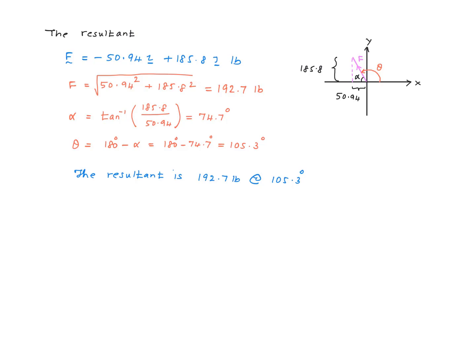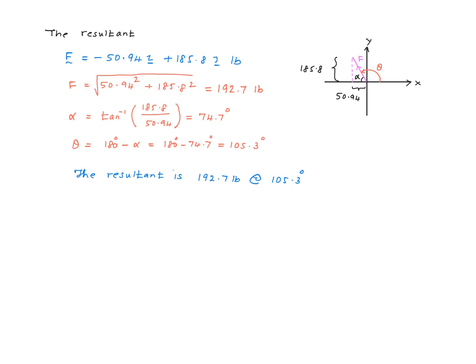Using the Pythagorean theorem, the magnitude of F, which is the length of the hypotenuse of this little triangle, equals the square root of 50.94 squared plus 185.8 squared. So we get a value of 192.7, and of course put the unit of the force at this point. The unit is pounds, right? And therefore the resultant is 192.7 pounds.